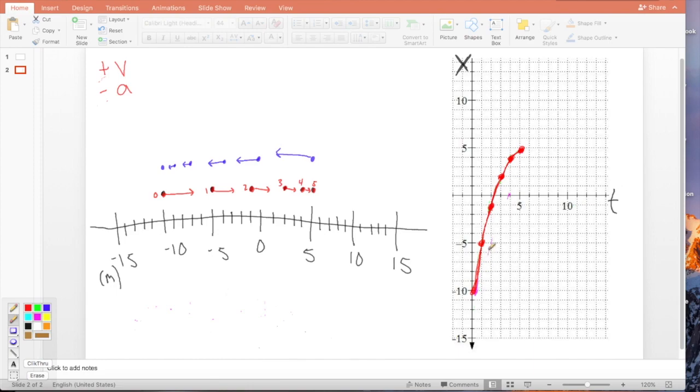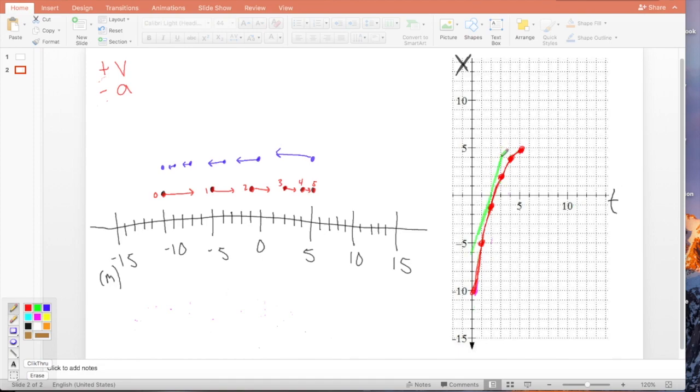So I would have to talk about the changing instantaneous velocity. And it's possible for me to find the instantaneous velocity at a point simply by taking the slope of the tangent line at that point. Let's say, for instance, that you are asked to find the velocity when time equals 2 seconds.